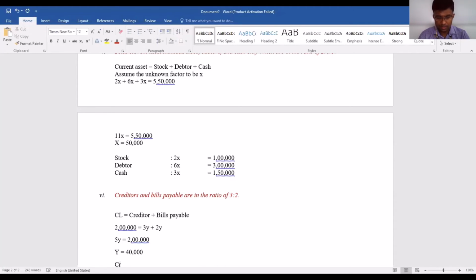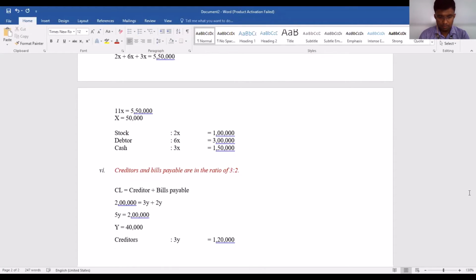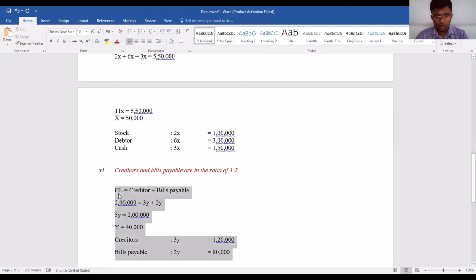Which means creditors is 3y, and creditors is 1,20,000, and bills payable is 2y, and this works out to be 80,000.